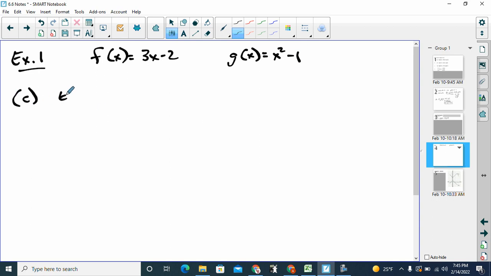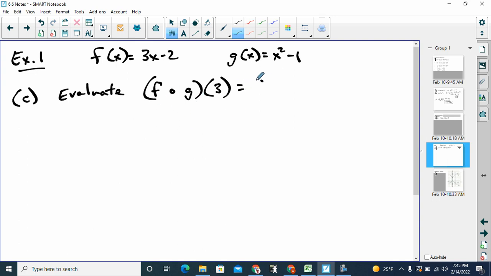Part C asks us to evaluate f of g of 3. First of all, open circle means function composition. If that's a closed circle, just that dot, that's multiplication. So this one is function composition. f of g of 3 written like that.